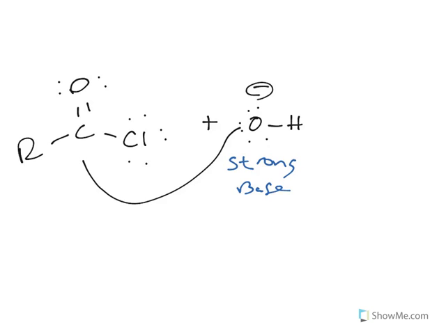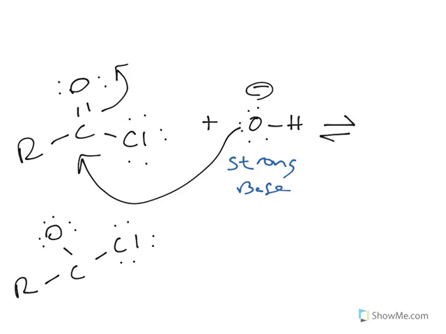So what we're going to see is addition followed by elimination. So if we want this one to go forward, who are we going to kick off? We're going to kick off chloride.